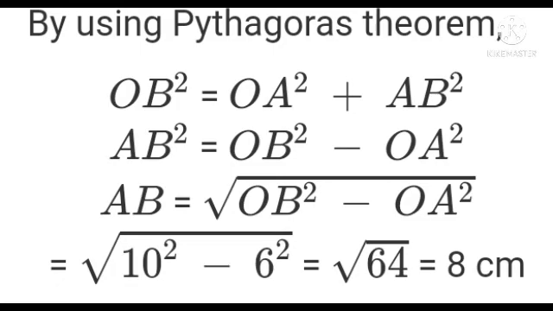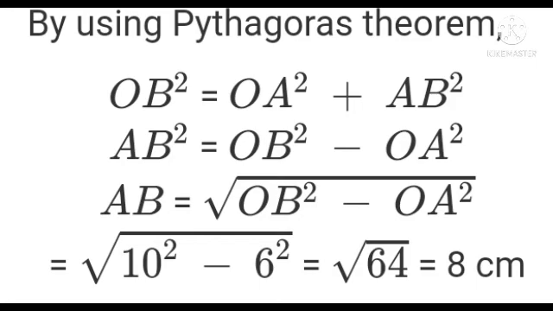AB square is equal to OB square minus OA square. Then we have AB is equal to the square root of OB square minus OA square. So AB is equal to the square root of 10 square minus 6 square.